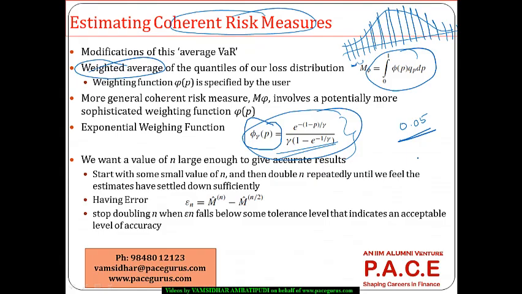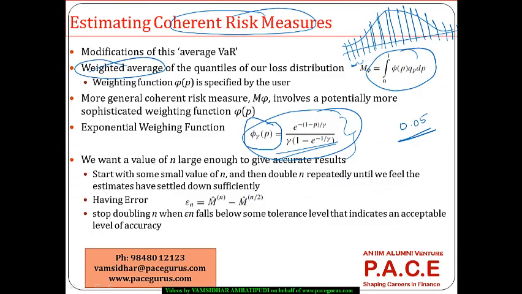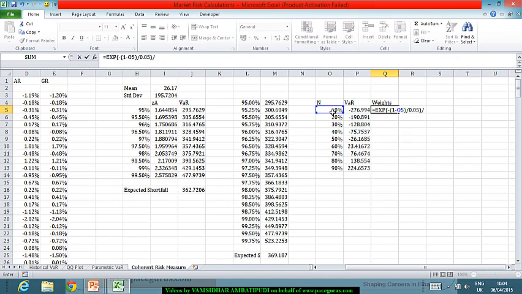It is e to the power of minus (1 minus p) by gamma. This is the numerator. The denominator is gamma times (1 minus e to the power of minus 1 by gamma).